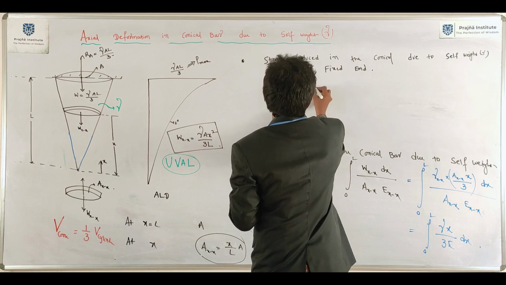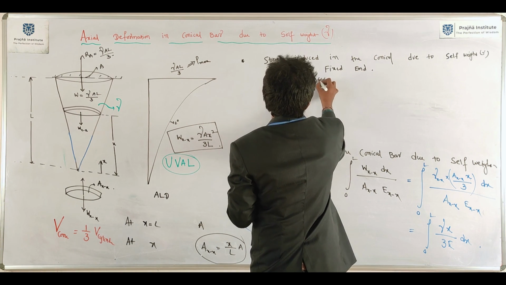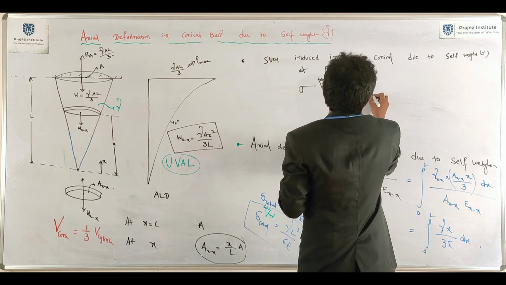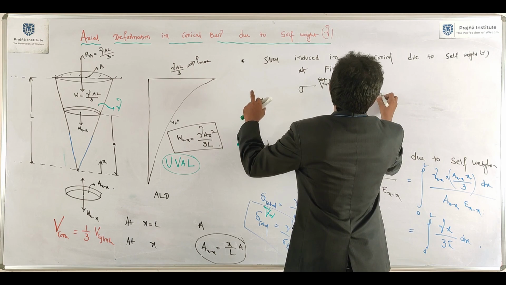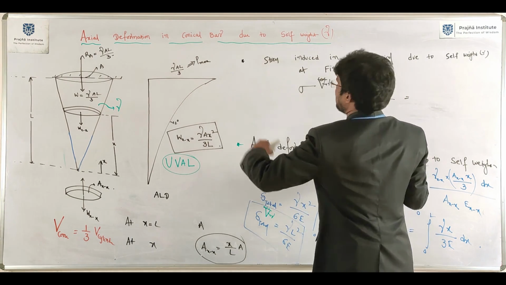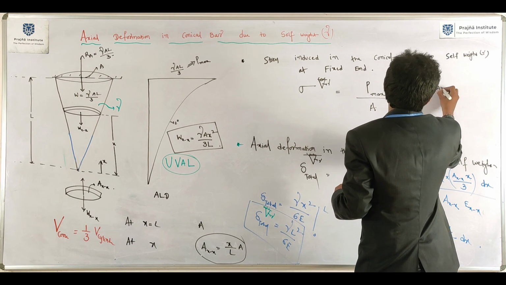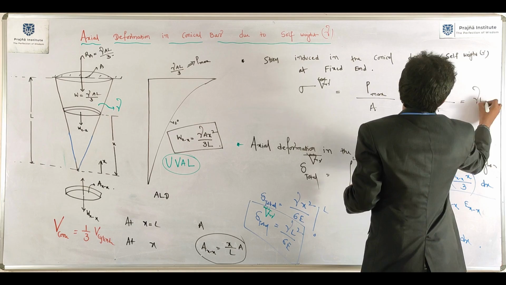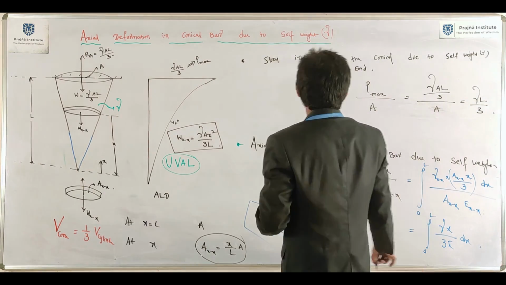Sigma due to self weight equals P maximum, that particular P, and the corresponding area. Corresponding area of cross section is A, and P is gamma A L by 3. Dividing by A, you will get gamma L by 3.